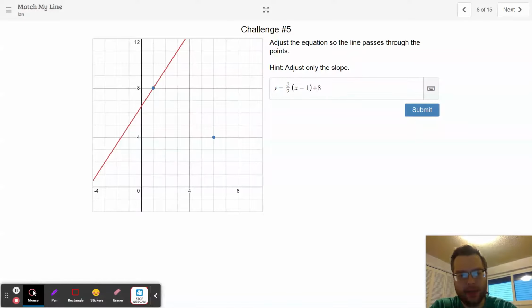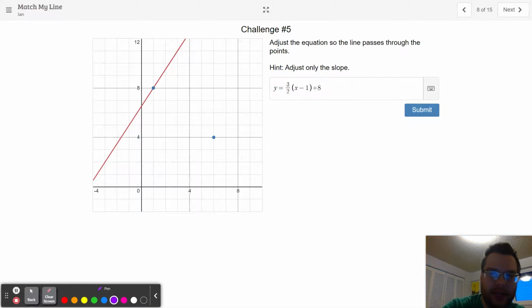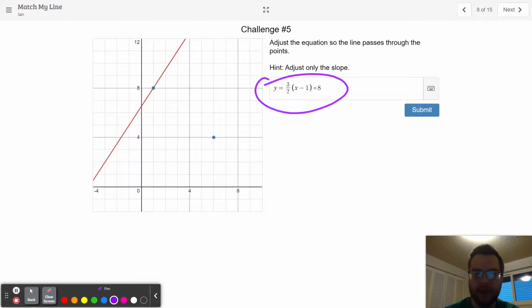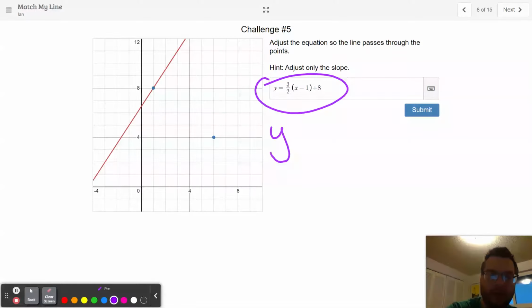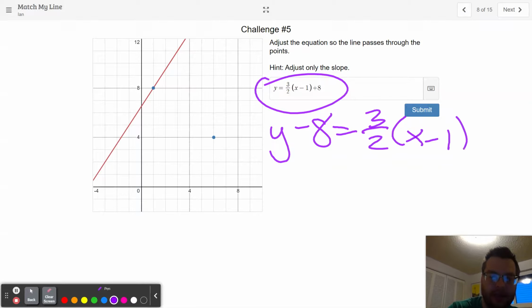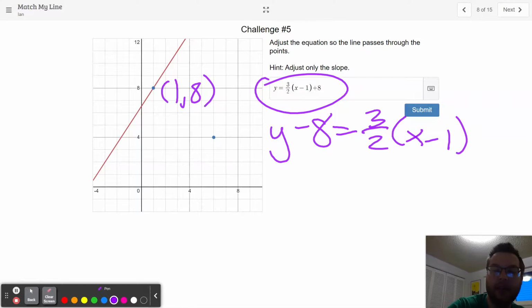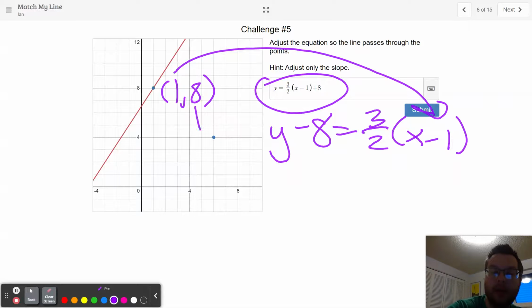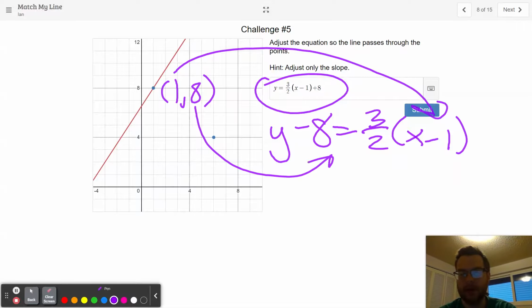Now we get to a place where I hope you notice that this looks a lot like point slope form. We write point slope form like this: y - 8 = 3/2 (x - 1). You can see the x and y coordinates of 1 and 8 showing up right there. So all we need to adjust on this is the slope.